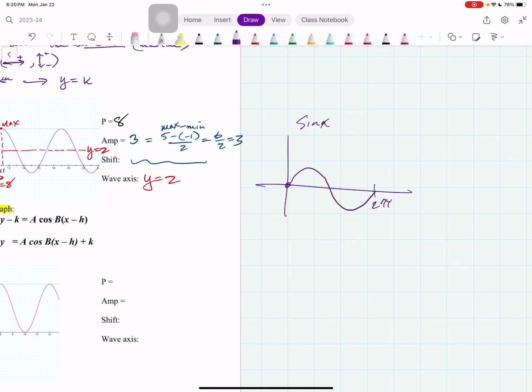For a typical parent function, y equals sine x, it starts at the origin, and it has an up and then a down. Okay, so it goes up and then back hits the axis and then it goes down. So it has this up-down cycle.